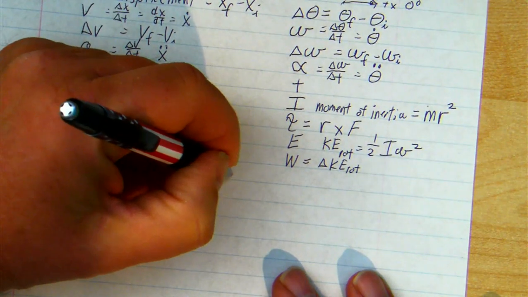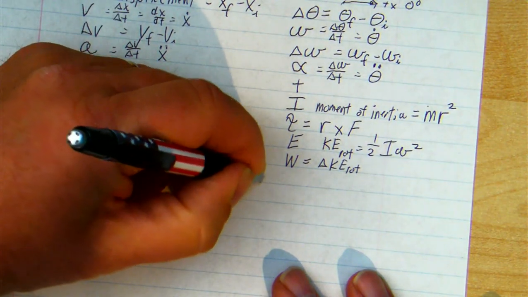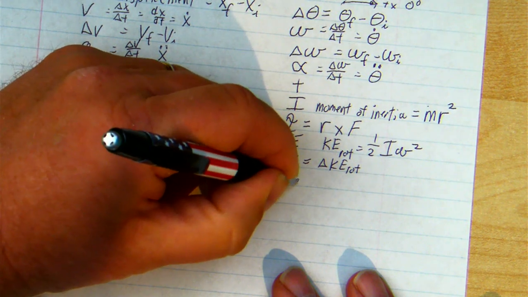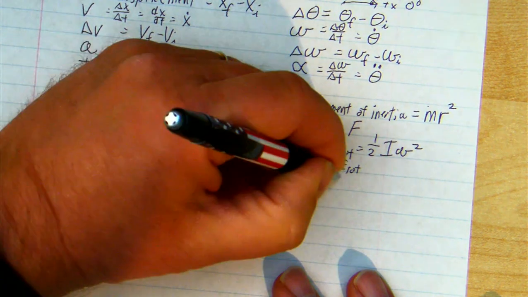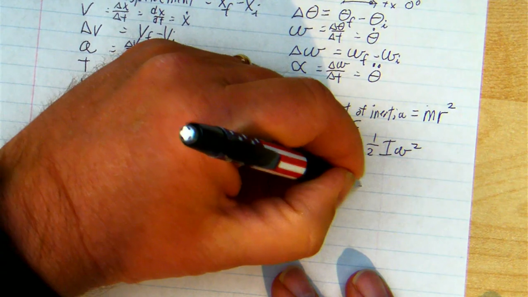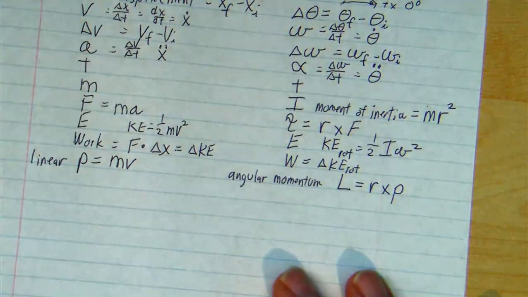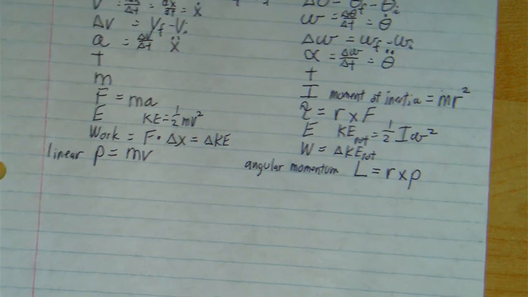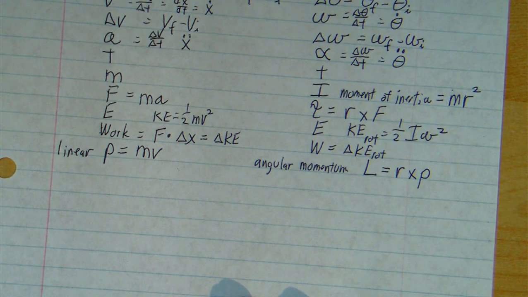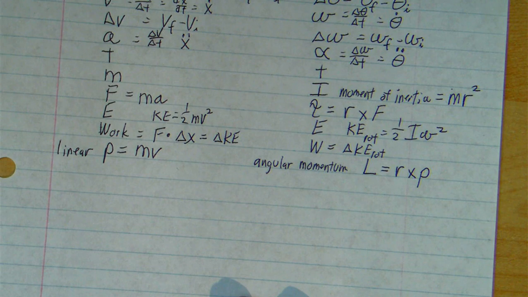Well, there does exist a quantity called angular momentum, symbol capital L, and it's the cross product of R cross P. R cross P is the angular momentum vector.